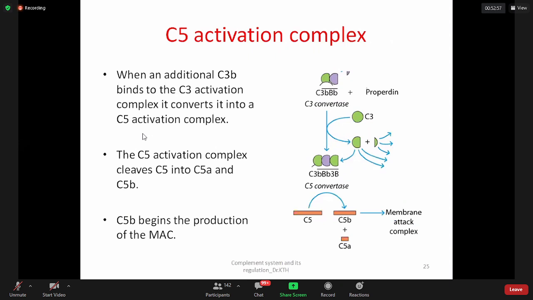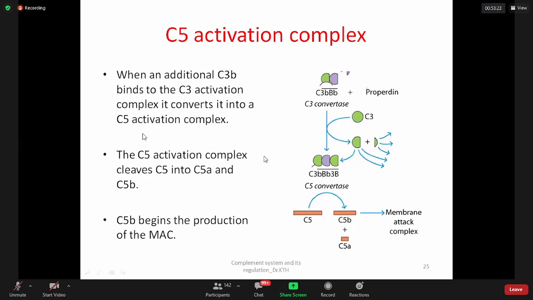That's another difference now. In the classical pathway, we saw that the C5 convertase was composed of C4b2b, and then we added on the C3b. And then here we are saying that we have C3b, Bb, 3b.